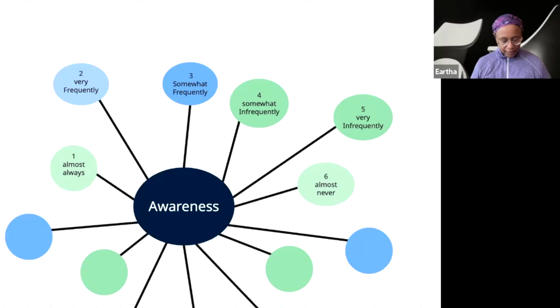Number 14, I find myself doing things without paying attention. And number 15, I snack without being aware that I'm eating. And so there's 15 questions.